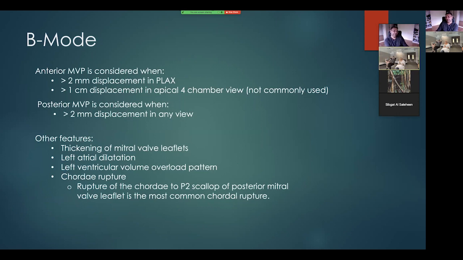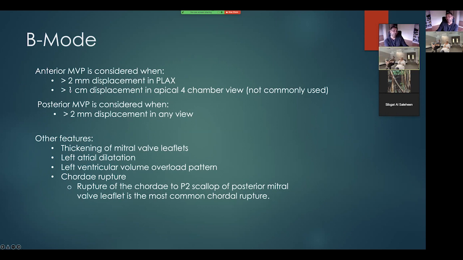And in terms of the definition of the distance, normally we do all these measurements in parasternal long axis. That's the standard view, and in the parasternal long axis, again, 2 millimeter displacement. But if you choose to do it in apical 4-chamber, then it's not 2 millimeter for anterior.